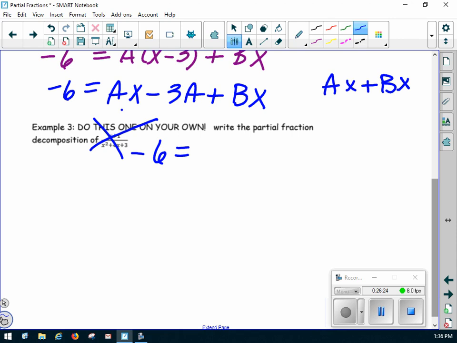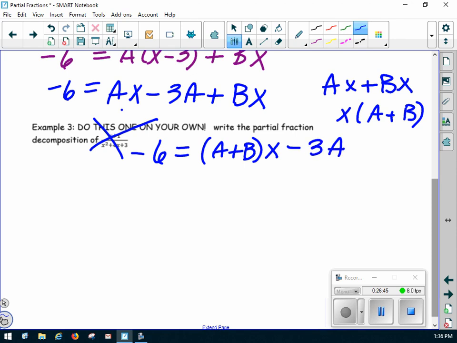Those are the linear terms, correct? A plus B, and then take out x. That's right. So I'm going to put a plus b times x. So what does a plus b have to equal?